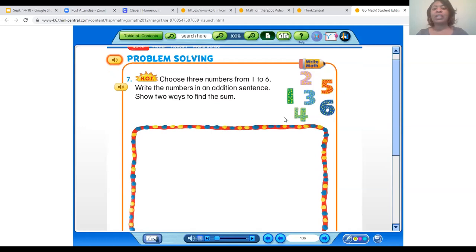Okay, so you could, let's see, I'm going to pick 1, 2, and 3. So I can do 1 plus 2 plus 3. So at first I can add together 1 and 2, or I could add together 2 and 3. Either way, I'm going to still get the same sum. So just show 2 different ways to find that sum.